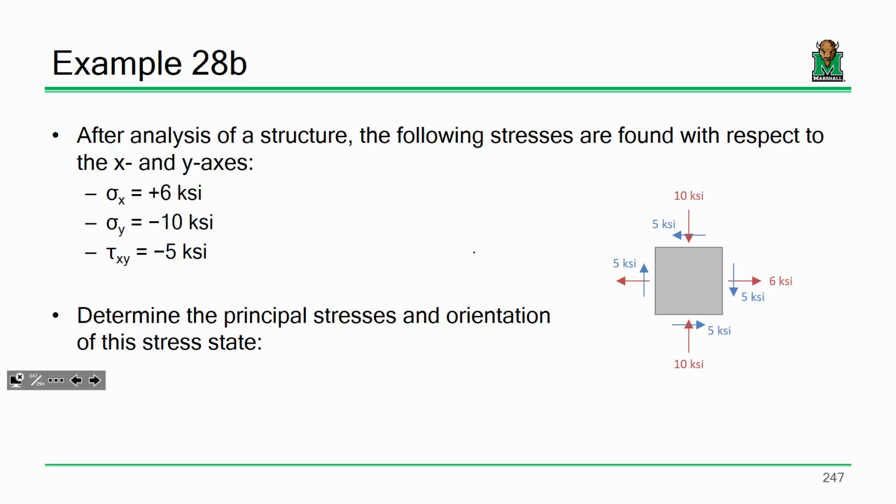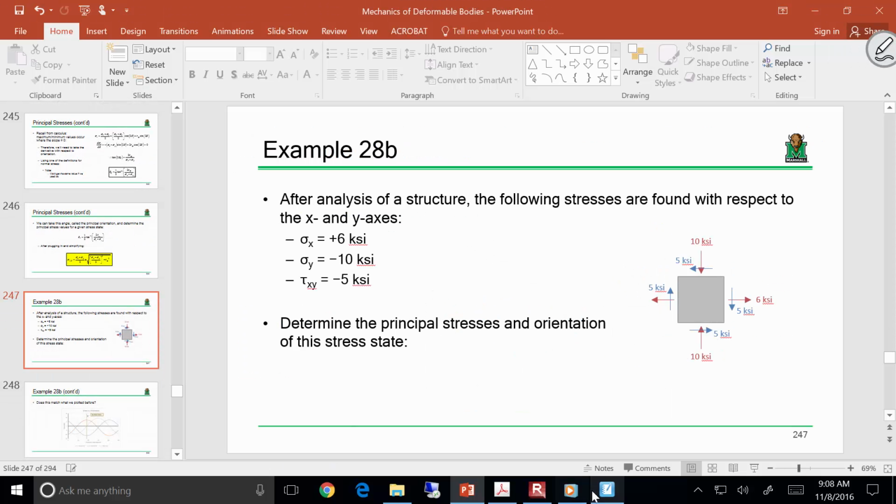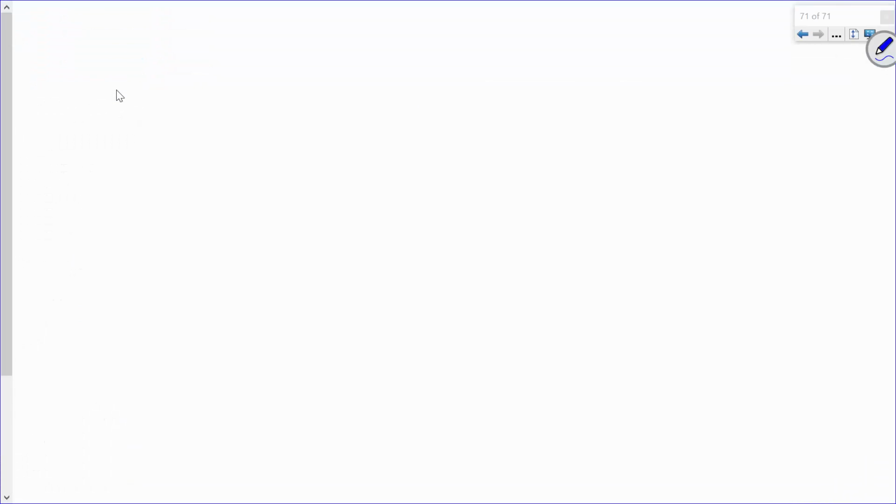All right, so we got that same stress state, the same stress state from the previous problem. Now what I want to know is what's the principal orientation, what's the principal stresses. Let's deal with the orientation first.